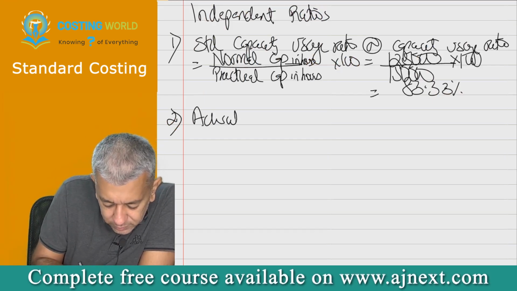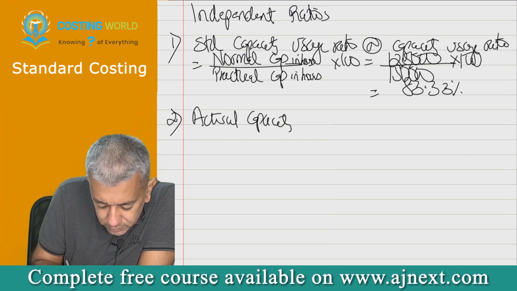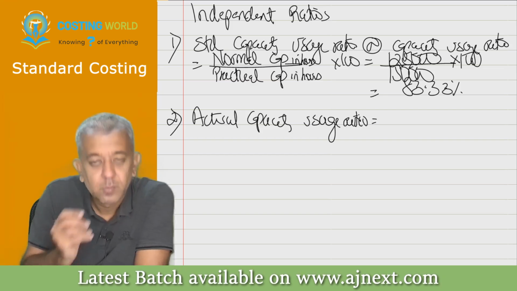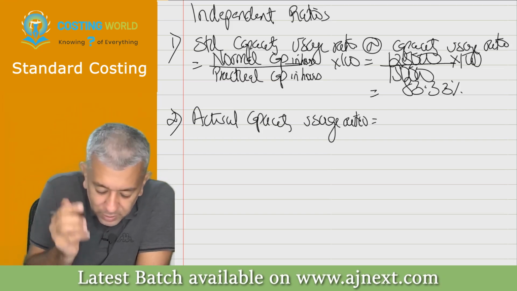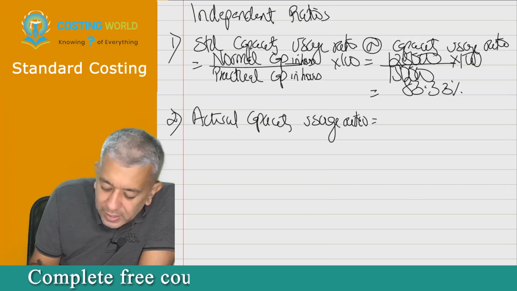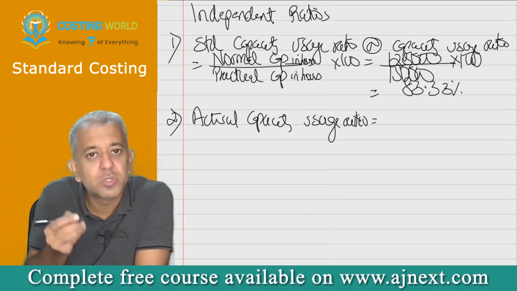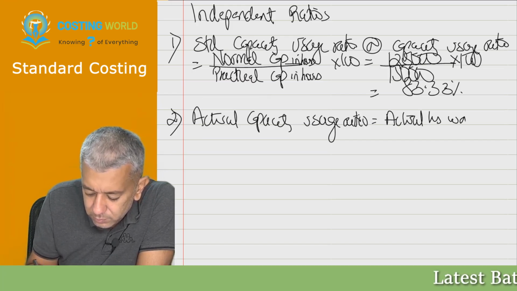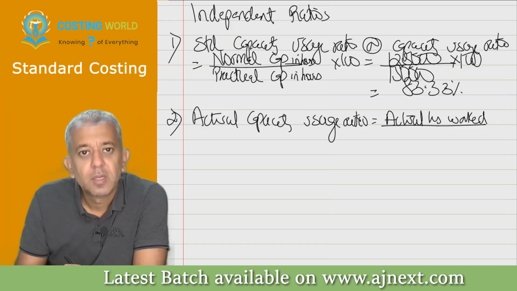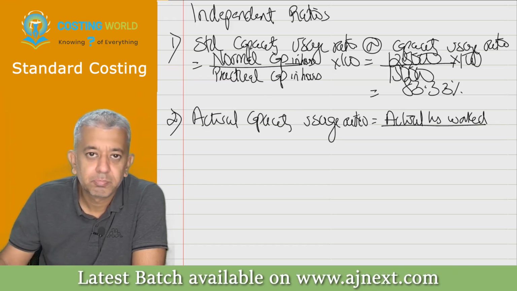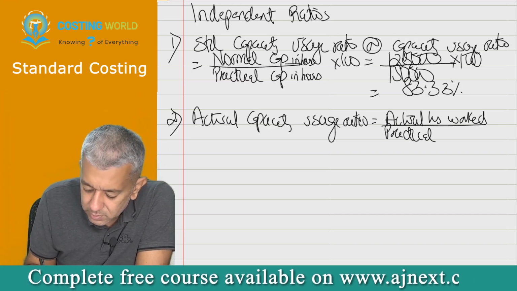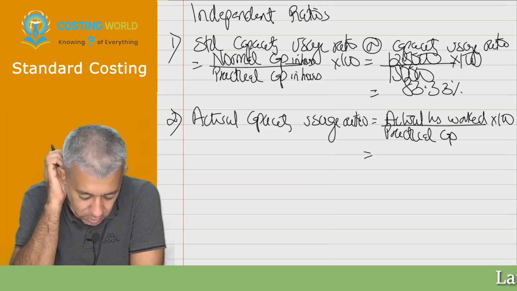Write down. Now this is simple, actual capacity. So now do not take normal capacity. Instead of that, use actual capacity. So therefore write down actual hours worked divided by practical capacity into 100.